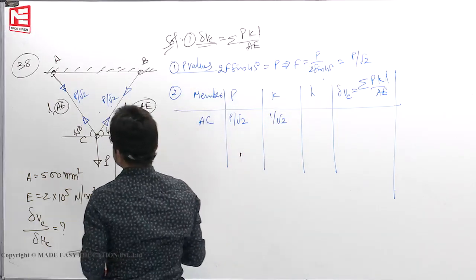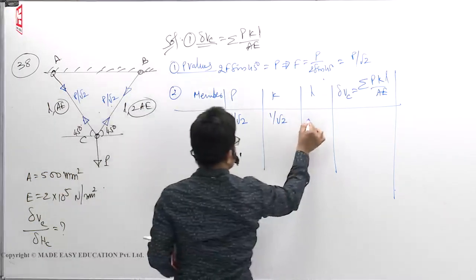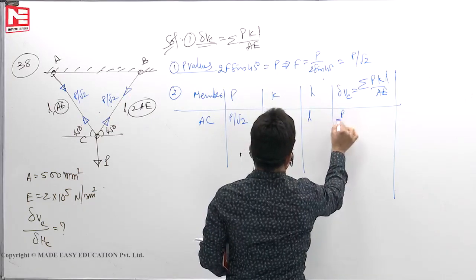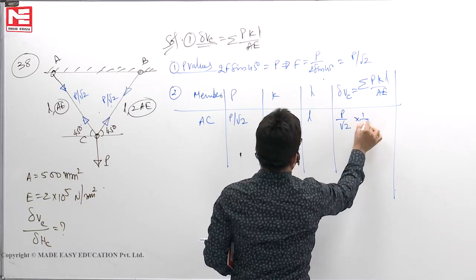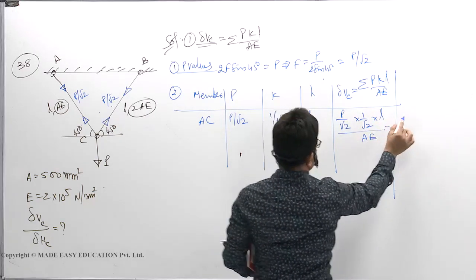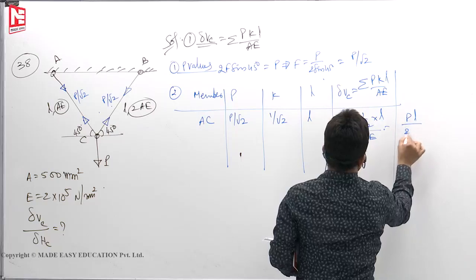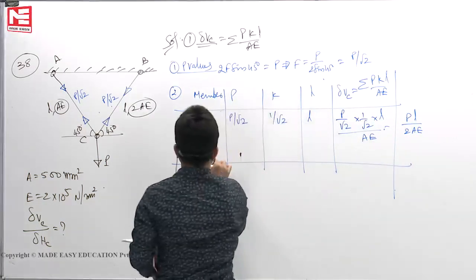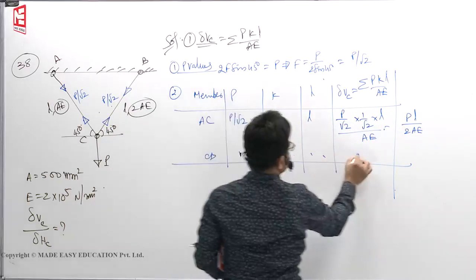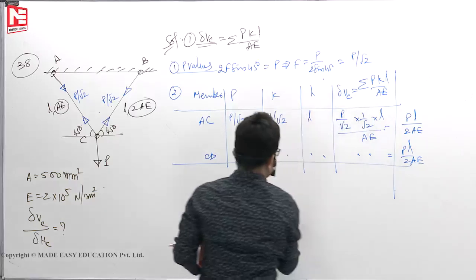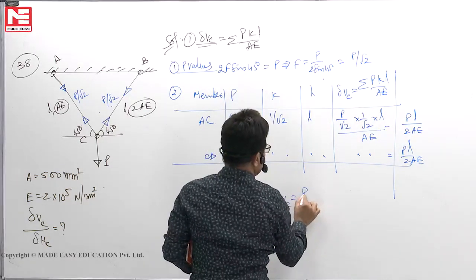Length of the member is L itself. So PKL by AE is P by root 2 into 1 by root 2 into L by AE. So you will get PL by 2AE, right? The CB member is the same, PL by 2AE.